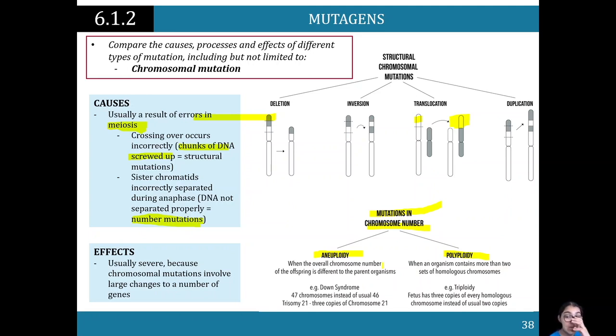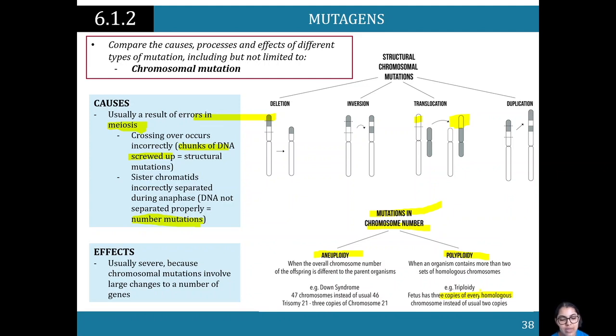In the case of Down syndrome, the individual has 47 chromosomes instead of 46, because they have 3 copies instead of 2 of chromosome 21, which is trisomy 21. In polyploidy, an organism contains more than 2 sets of homologous chromosomes, so instead of having 2, they could have, for example, 3 copies of every homologous chromosome.